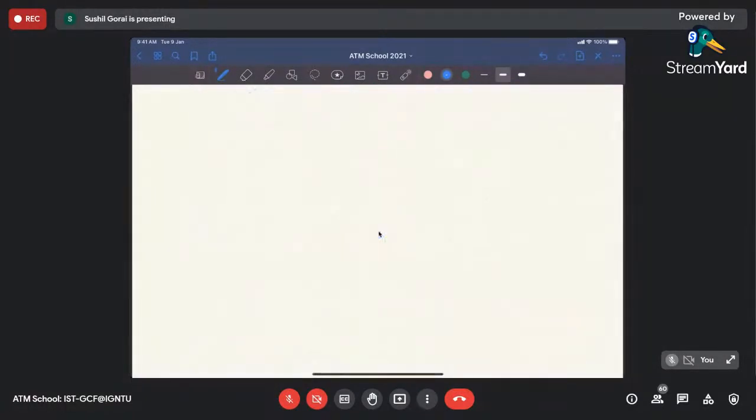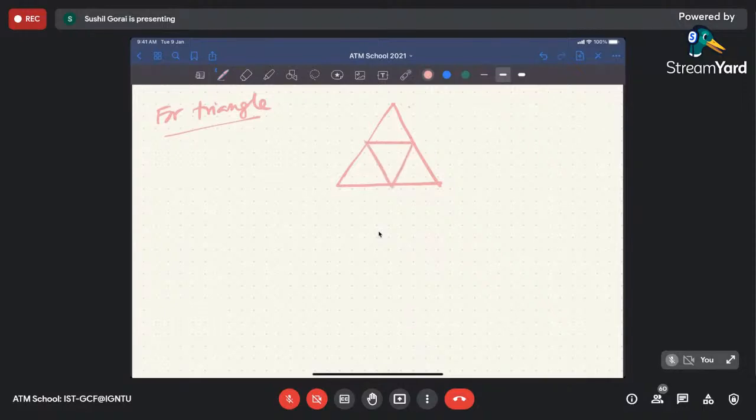So for example, for a triangular region, what would you like to do? You would just divide like this, like this, like this, and go on doing this, and use the same method.